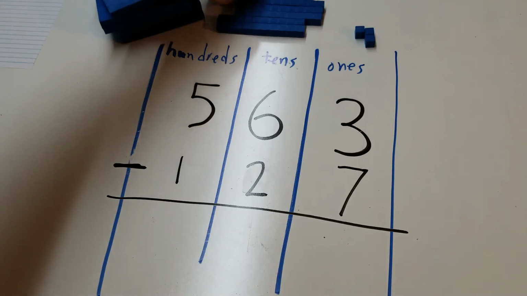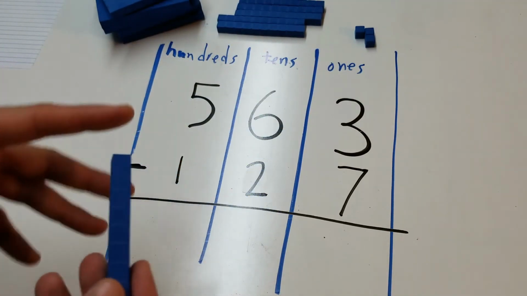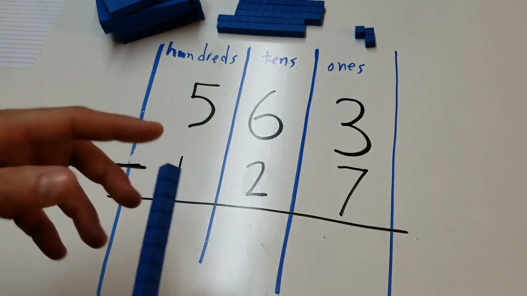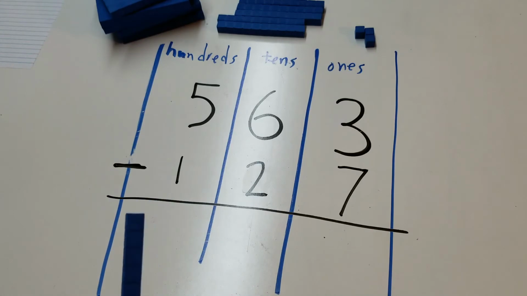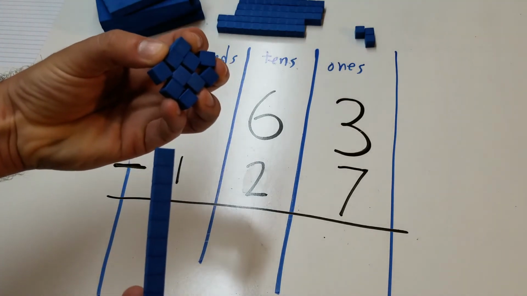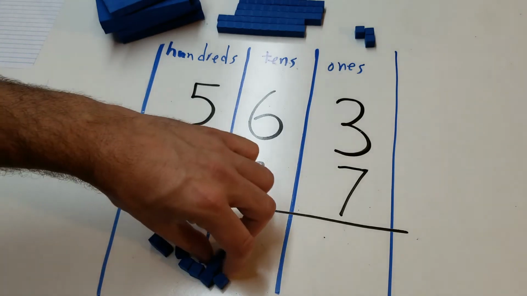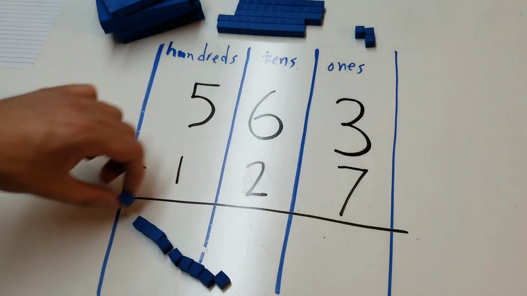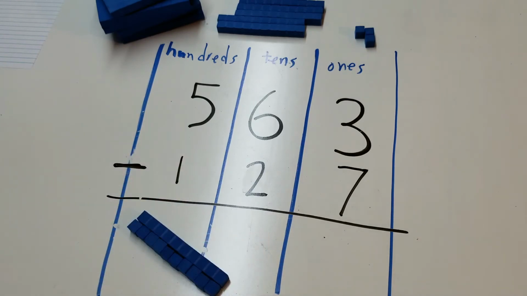But what I can do is take one of these and break it apart. Now, I could take a scissors and chop it into little pieces, but it takes a long time and it's kind of messy. So instead I take 10 little blocks, which you will see is exactly equal to the 10 rod.